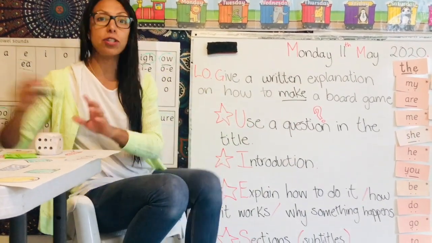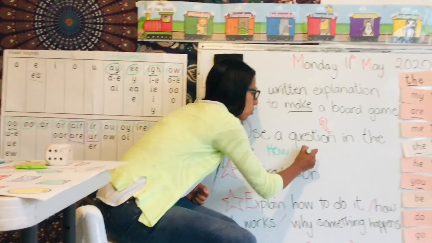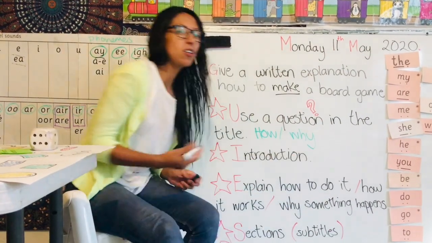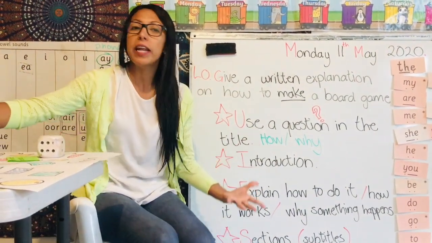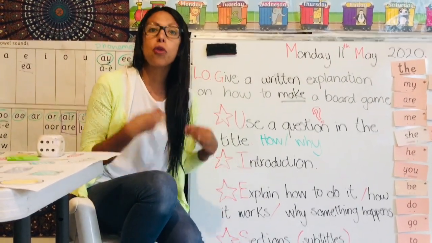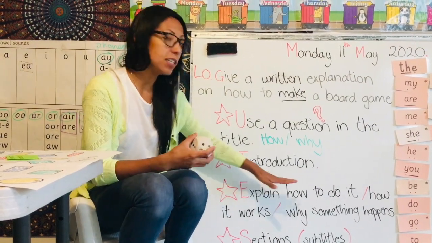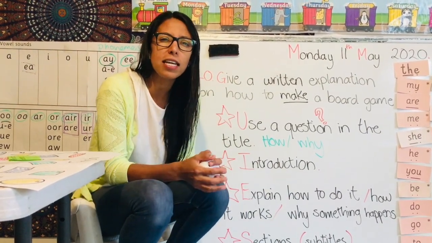In this question, you can use how or why, because that's what we do when we are explaining something. We explain how something happens or why something happens. Then we need to write an introduction that has to be exciting.